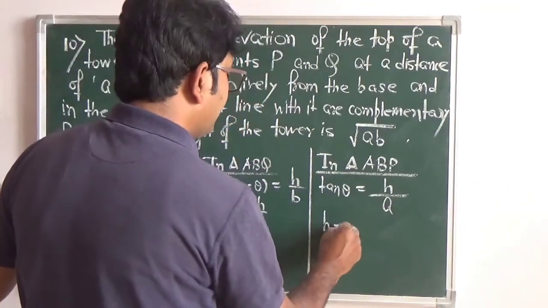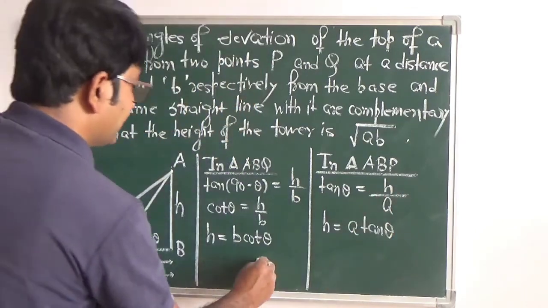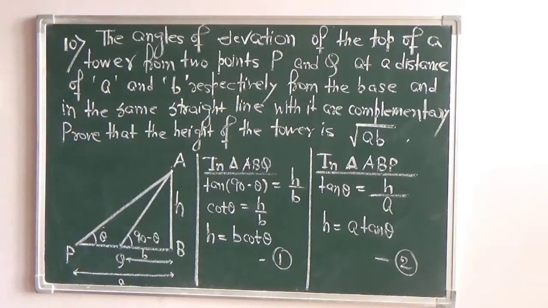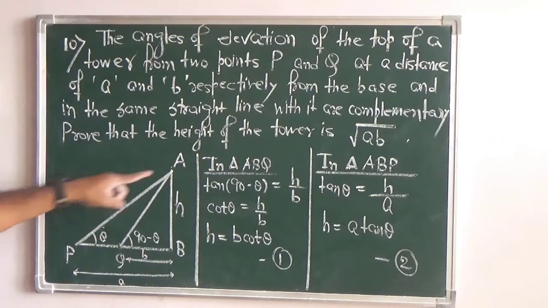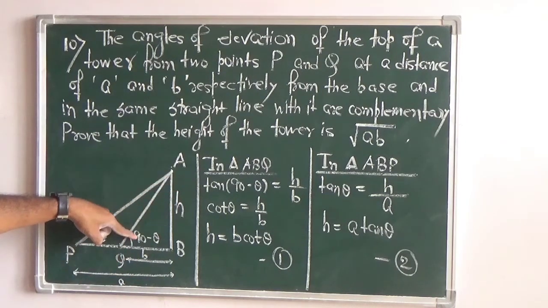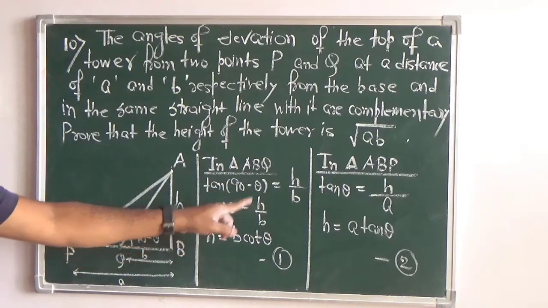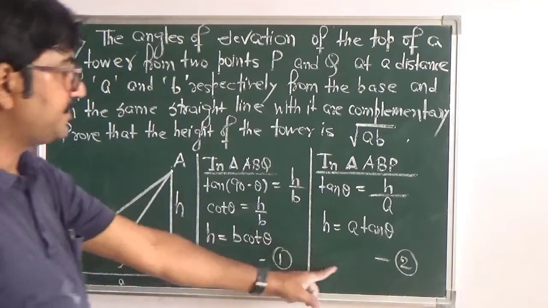So you can write h equals a tan theta. So this is number 1 and this is number 2. We have only taken the ratios in terms of tan. So tan theta is perpendicular by base, that is h by a, and tan 90 minus theta is h by b. And tan of 90 minus theta is cot theta, so cot theta is h by b. So from here h is b cot theta, from here h is a tan theta.